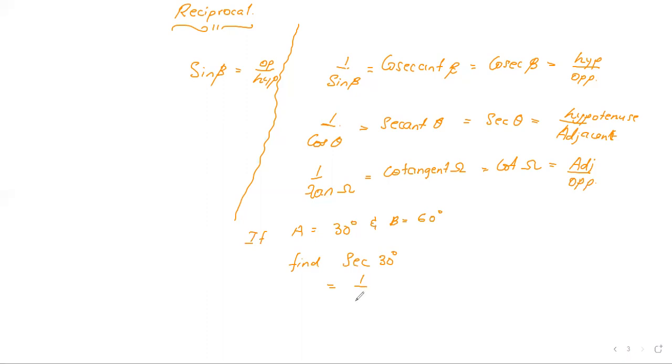Therefore, that's going to be 1 over the cos of 30 degrees.